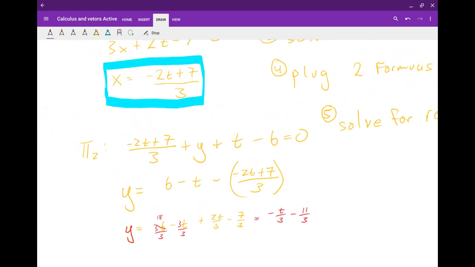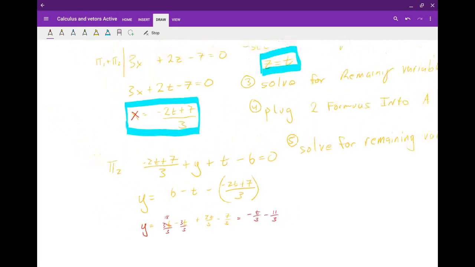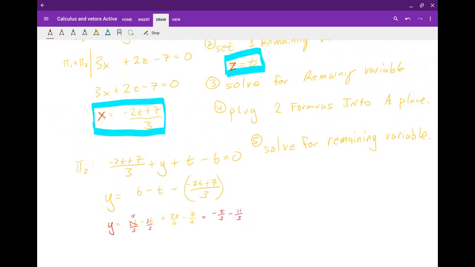My x was this, and my z was this. So now I've got a line where my x is negative 2t plus 7 over 3. My y is negative t over 3 minus 11 thirds, and my z is t.